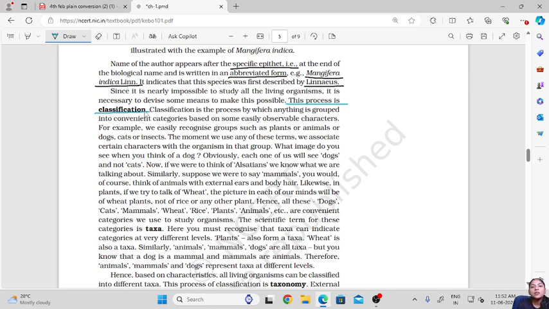It is the process by which anything is grouped into convenient categories based on some easily observable characters. So we observe certain similar characters in the organisms, and we group these organisms together.